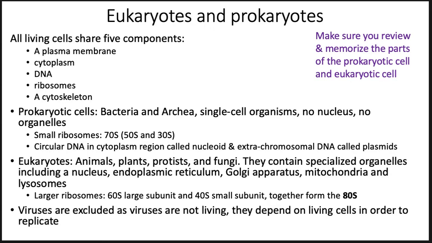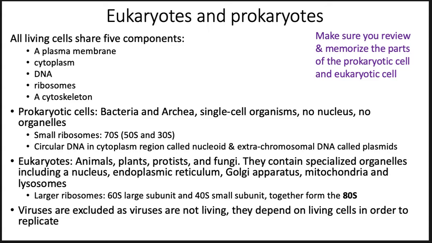Okay, eukaryotes and prokaryotes. So you have to remember the difference. You also need to know each of the parts of each of these cell types and their function, okay? So you can go back to chapter 4 and review that in lecture. But in brief, remember that all living cells will share the 5 basic components. Every single cell has to have a plasma membrane.